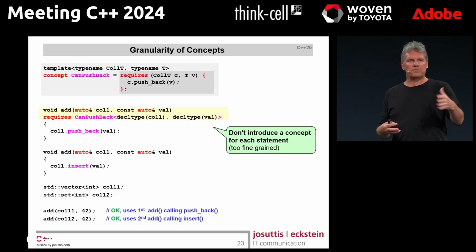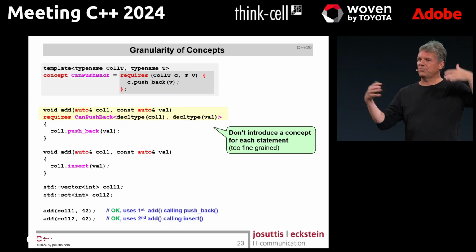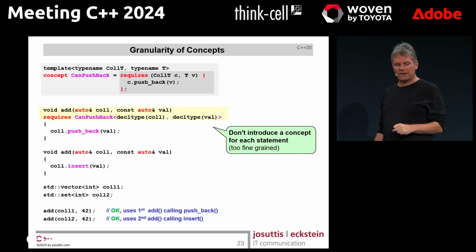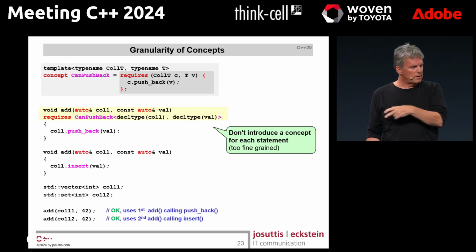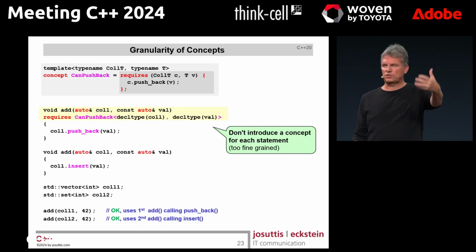They will call empty, they will compare, they will iterate, they will do a lot of things in your generic code. So you would have to write a requirement saying, I require this and this and this and this and this and this and this. You reveal the implementation details into the signature.